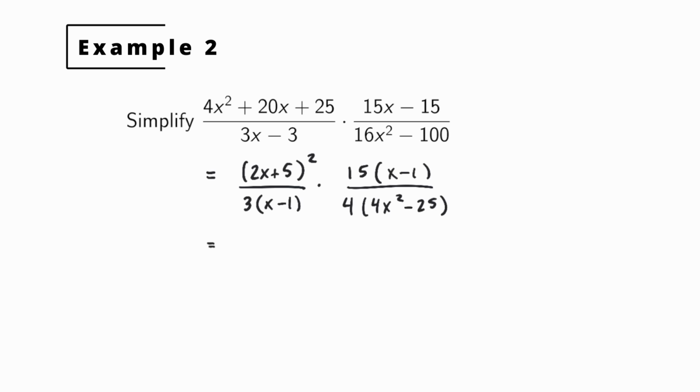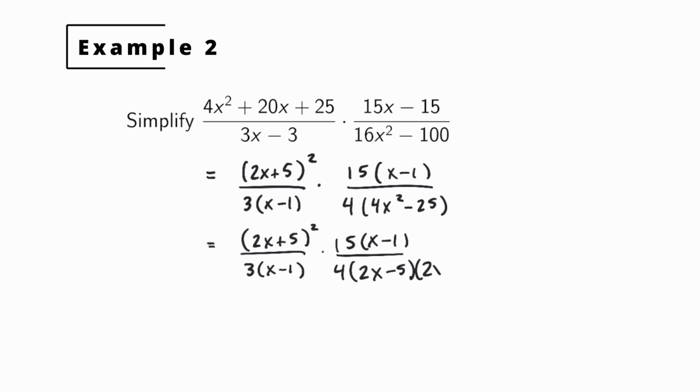And so we're left with 2x plus 5 squared over 3 times x minus 1, times 15 times x minus 1 over 4 times 2x minus 5 times 2x plus 5.